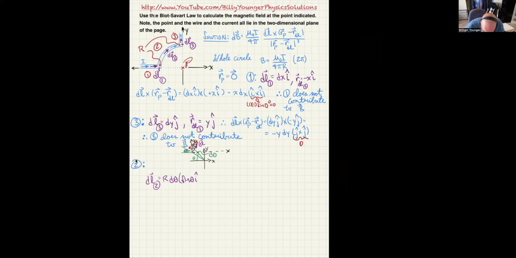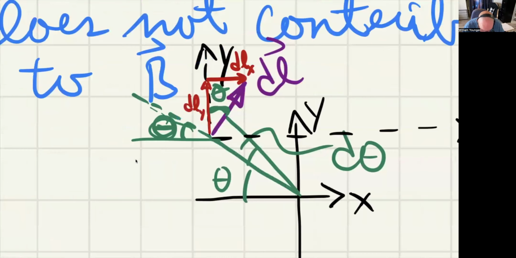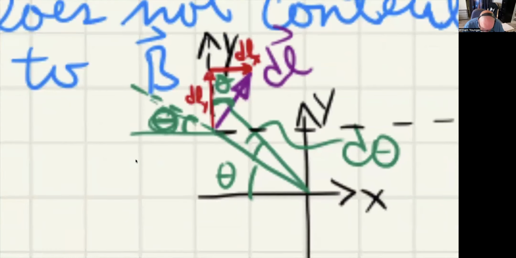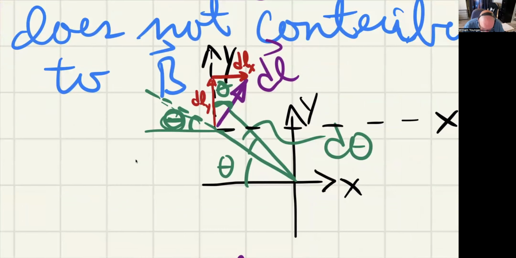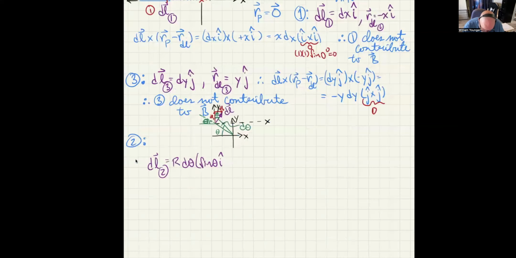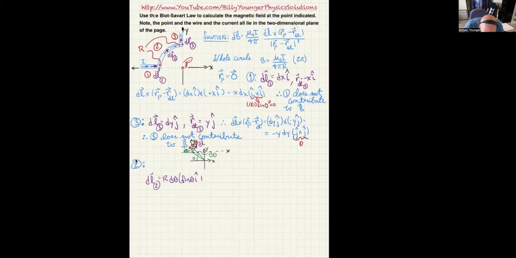And then for the y component, you have to take the magnitude of dL, which is r d theta, times the cosine of theta. So this is going to be plus cosine theta j hat. So that's what our dL vector is in this particular case.